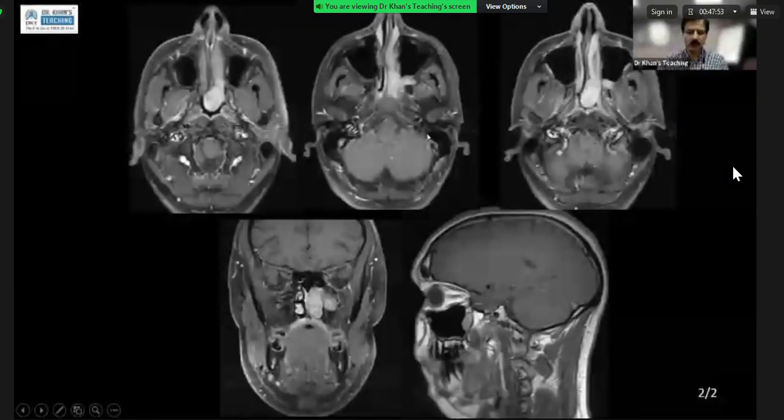So the terminology to be used is nasopharyngeal masticator space. If you see here, this is the masticator space, and this is the level of the nasopharynx. So we call it nasopharyngeal masticator space. It just opens here, and this opening is through the fissure here.